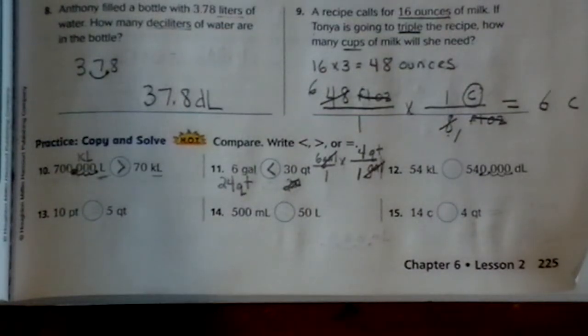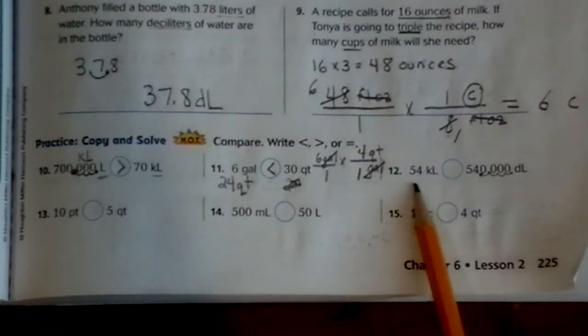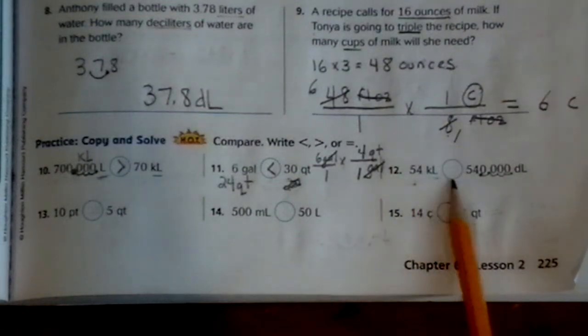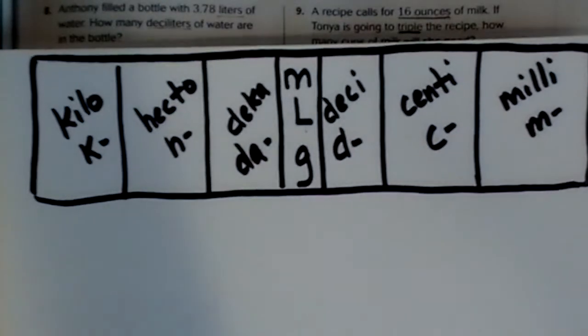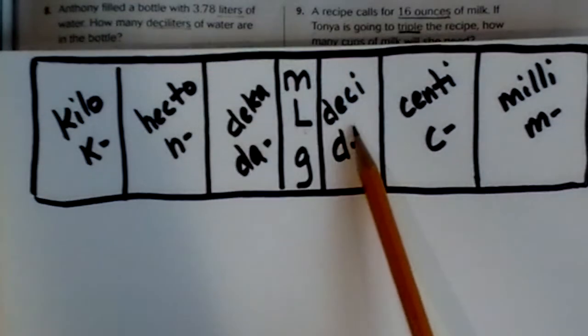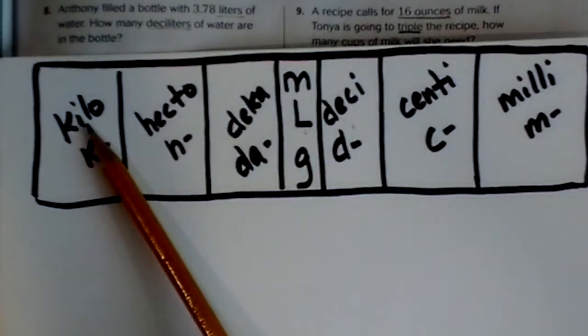All right, let's take a look at number 12. Number 12 says 54 kiloliters is greater than, less than, or equal to 540,000 deciliters. So in this one, I'm going to convert deciliters to kiloliters. In order to do that, I need my chart. Here's deciliters. I need to go from deciliters to kiloliters.